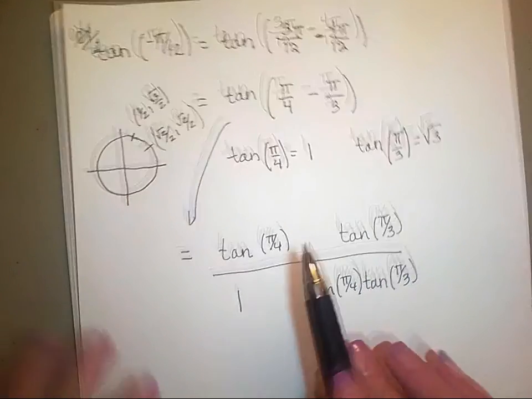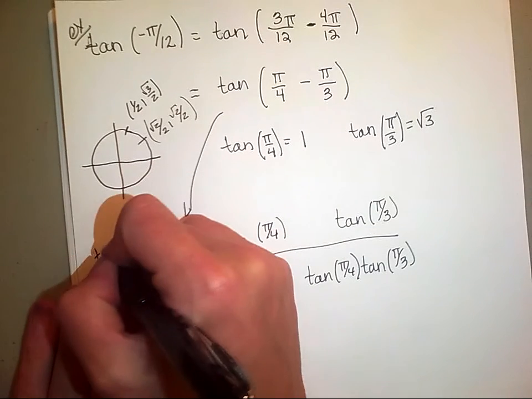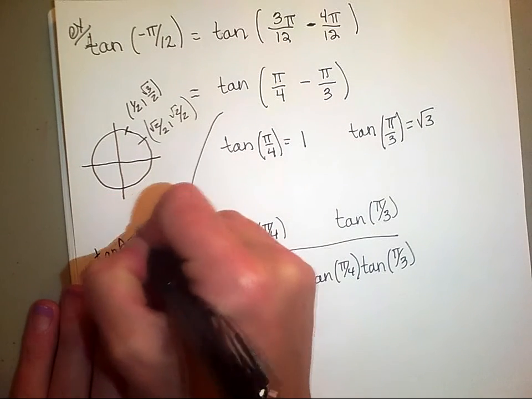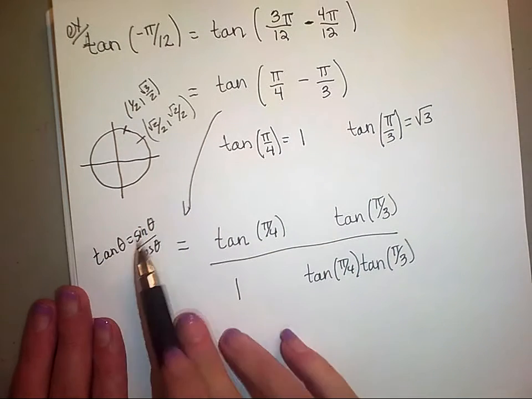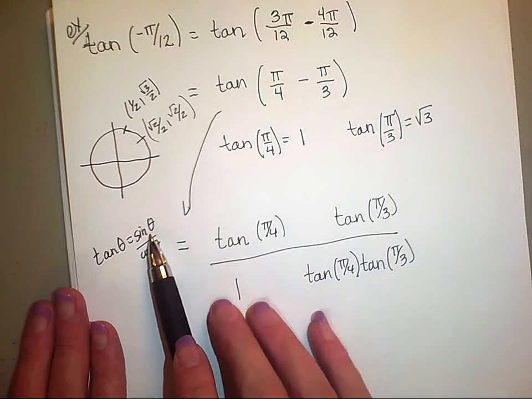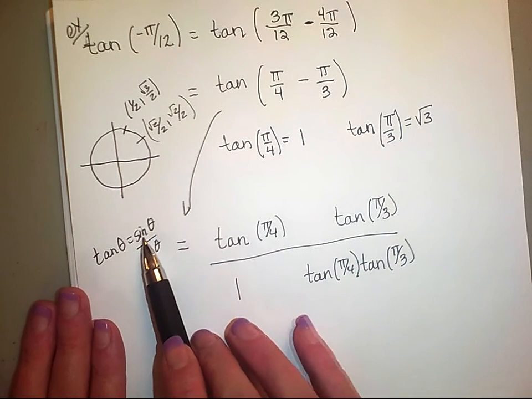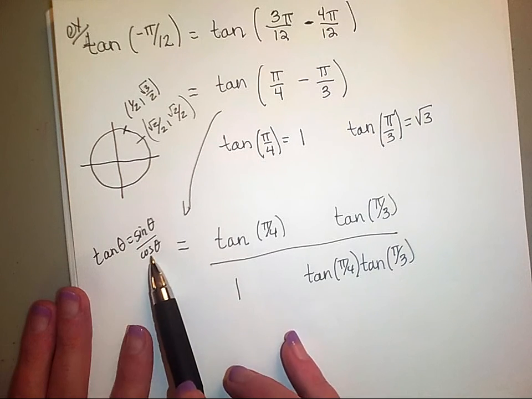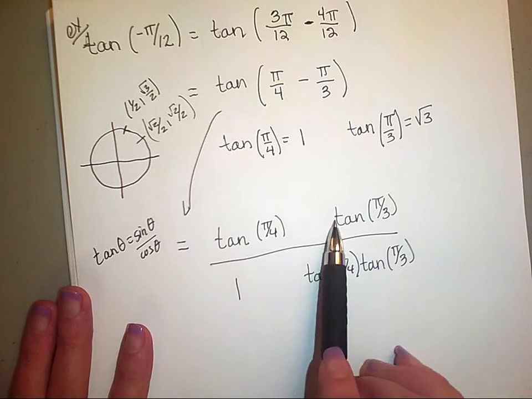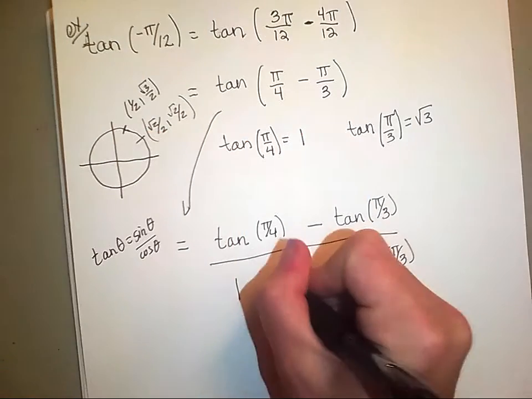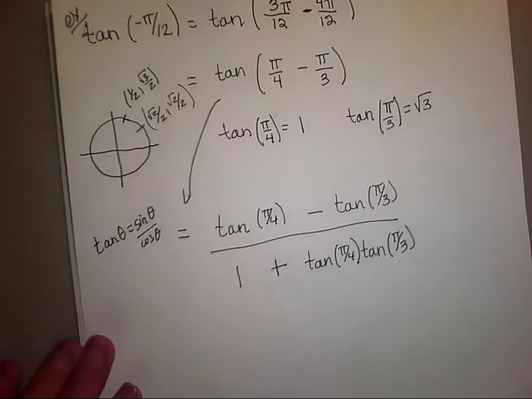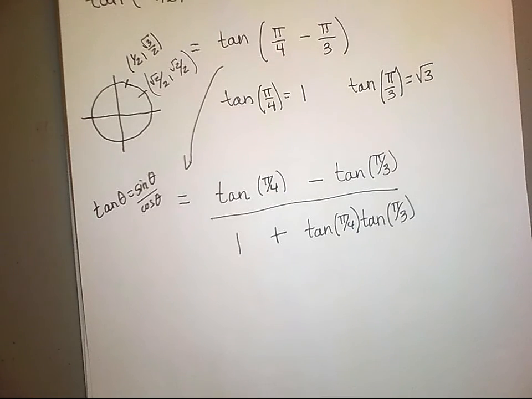The way I remember it is that tangent is sine over cosine. And remember, these are alpha plus or minus beta. When you're in the sine, you use the same sign, and with the cosine, you do the opposite. So with the sine being up top, we use the same sign as what we had here, minus, and this one becomes the plus.